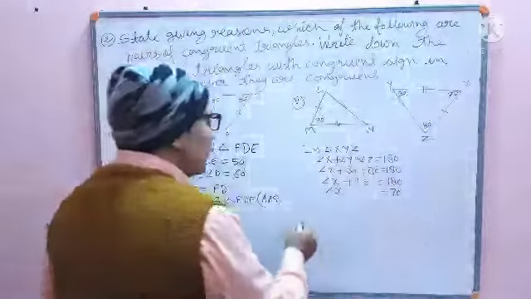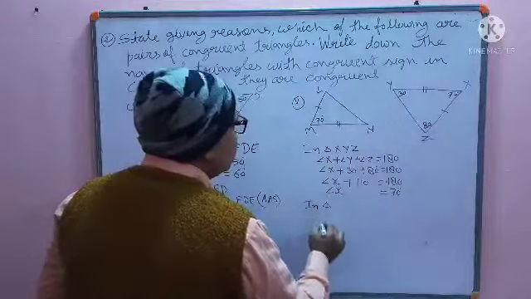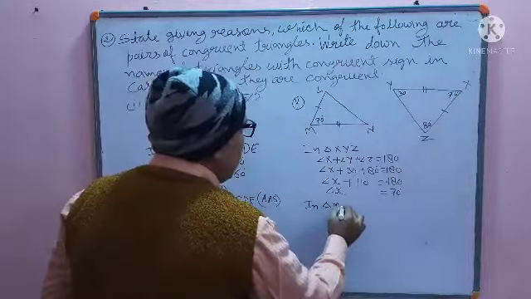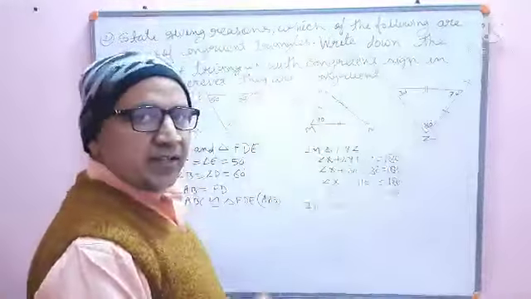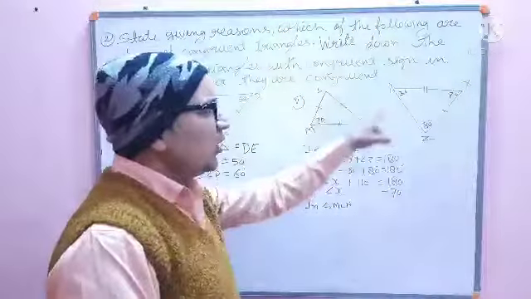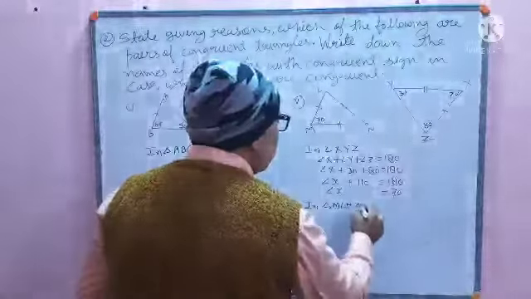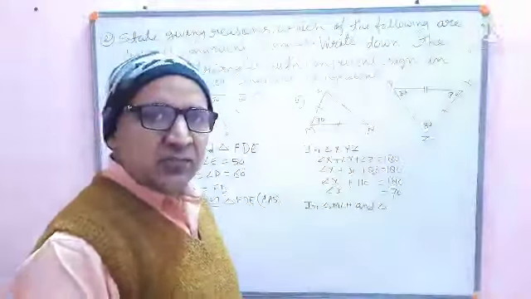Understood? So how will you write the name? Suppose in this triangle you write triangle MLN. You can take any name, but I am writing MLN. Then what will be the order of the other triangle? You can write any order, that doesn't matter.